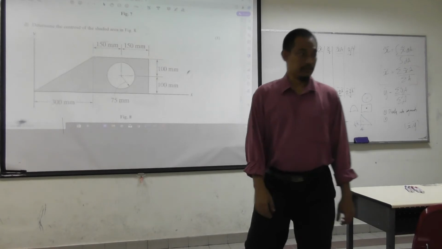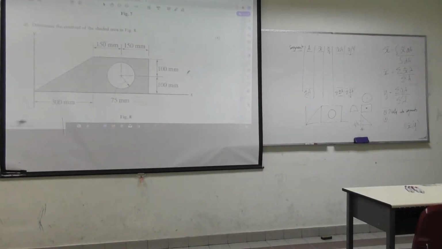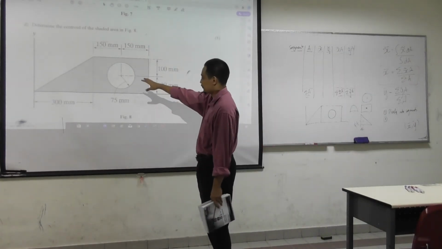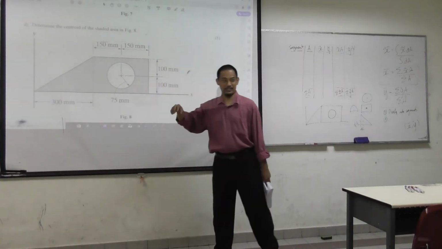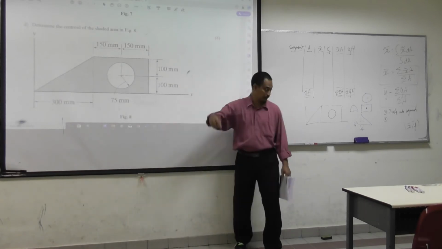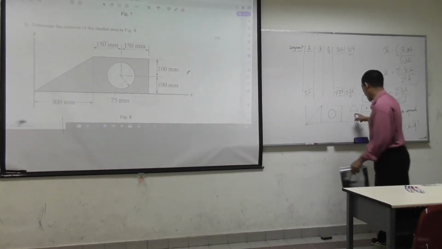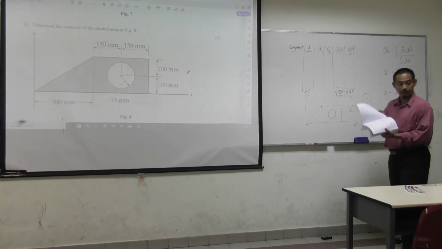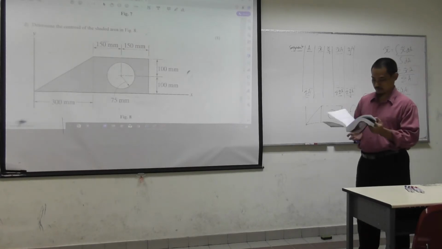In the exam, if you are given shapes like this, you are expected to know where the centroid of each shape is. But if you have a semicircle, etc., normally they will give you the table at the back of your book.